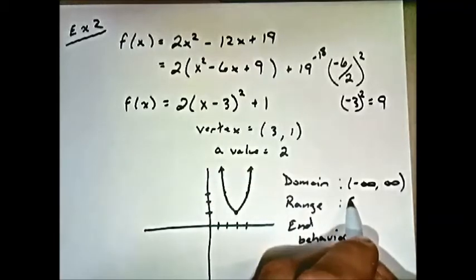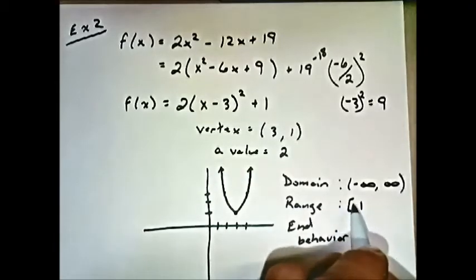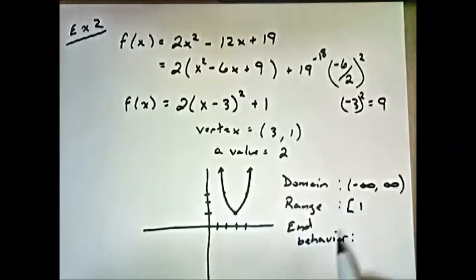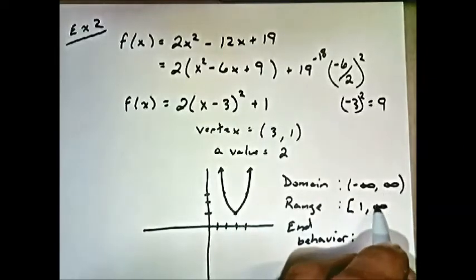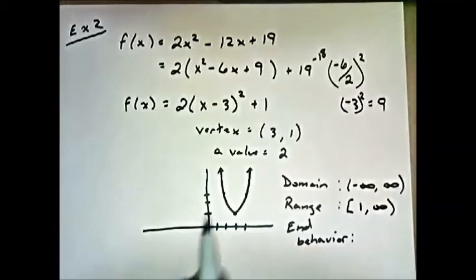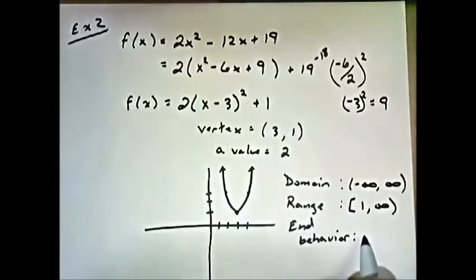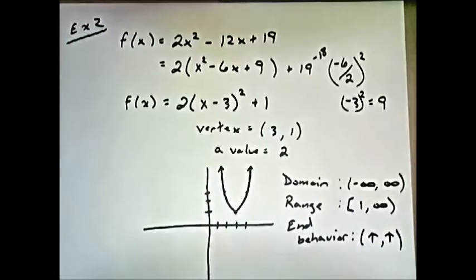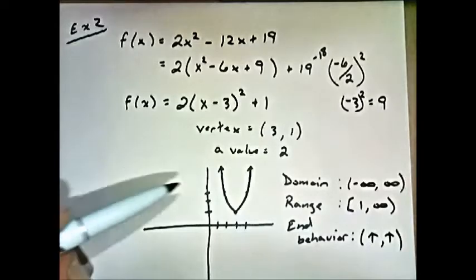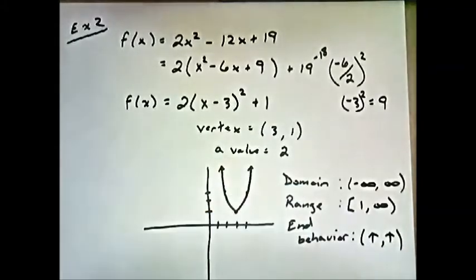So we say the range starts at 1, we use a bracket because we can touch 1, and it goes to infinity. My end behavior, we start high and we end high. So we have an up arrow and an up arrow. And that finishes the problem. So we've been able to graph it, state the domain, the range, and the end behavior.